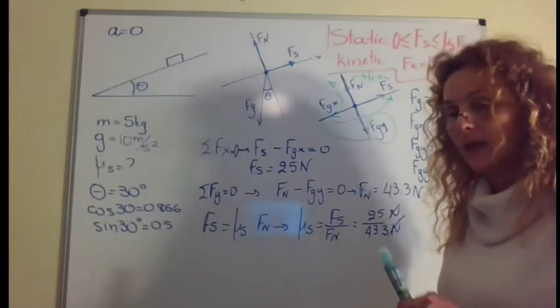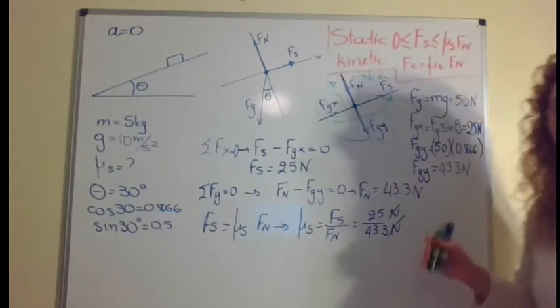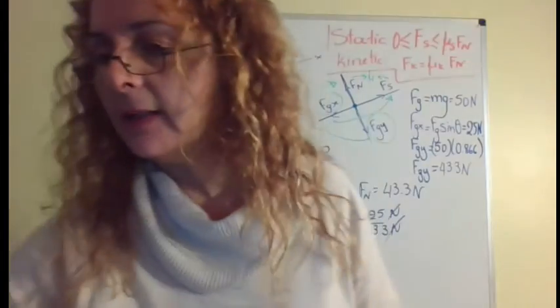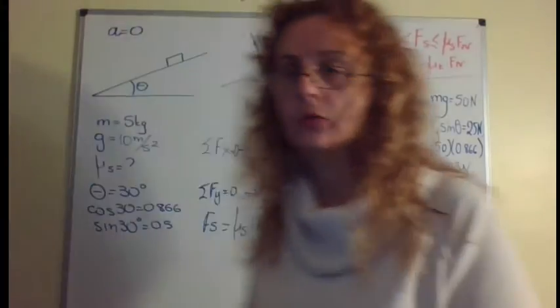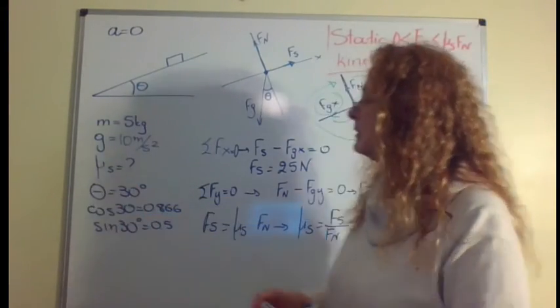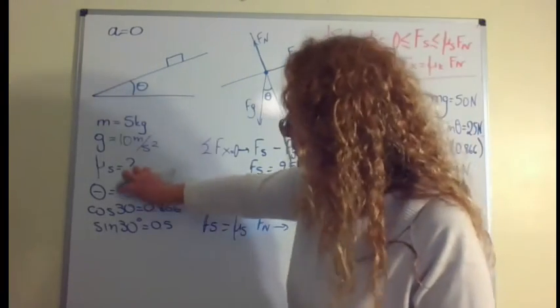Now, this is a case with values. What happens if I want to find the general case? No values, right? I don't know the angle, it's just theta.